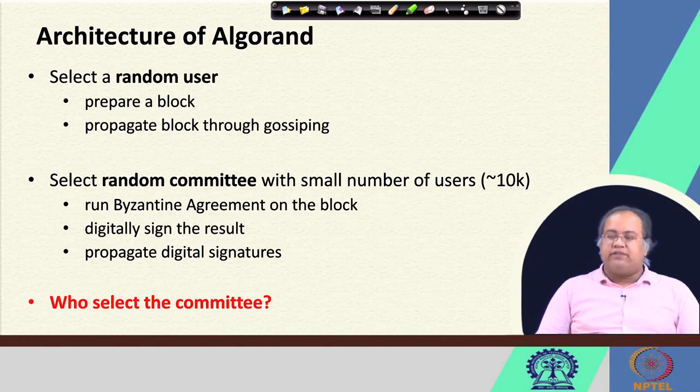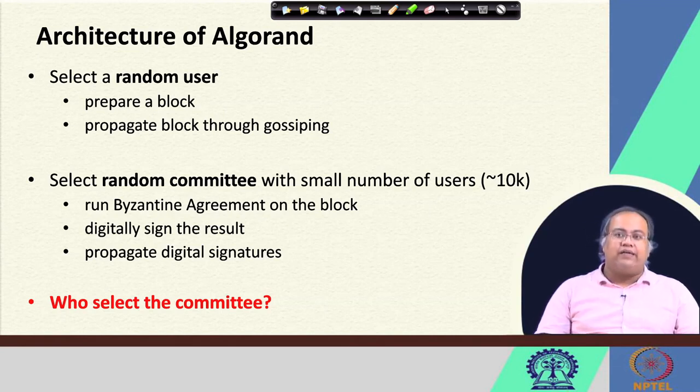If they agree on the block's validity, then they digitally sign the result. They may use something like a collective signature, which we have already seen is scalable enough, and it propagates the digital signature saying that, hey, this block is valid. So, one random user proposes a block, and then another random committee validates the block, and that way the block gets propagated in the network.